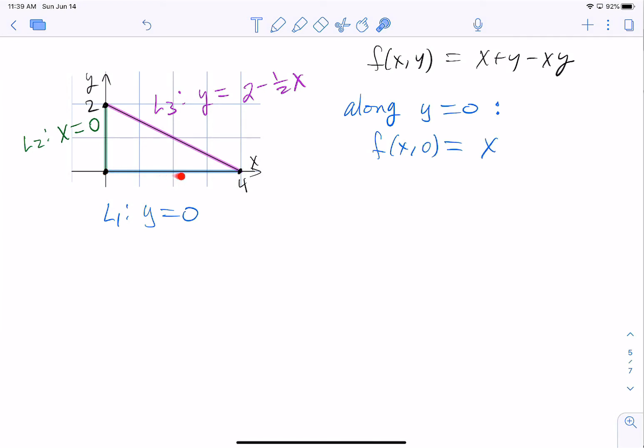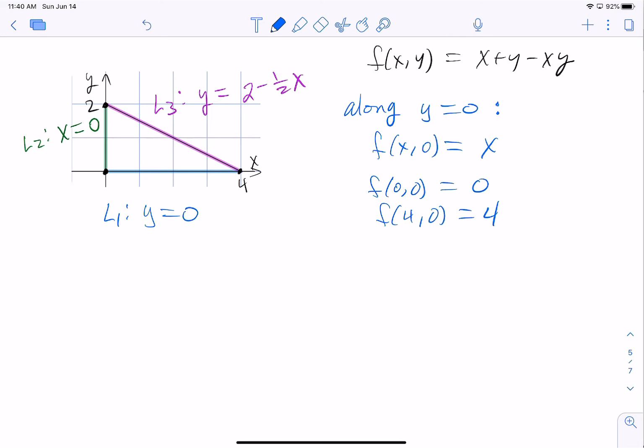And we can see that the smallest value along this boundary is going to occur when x is 0. The largest value is going to occur when x is 4. So f of 0, 0 is equal to 0. f of 4, 0 is equal to 4.